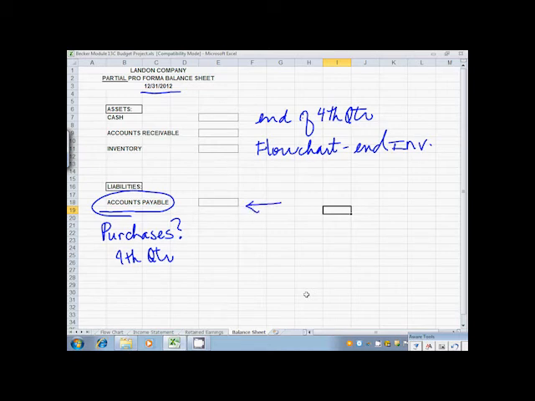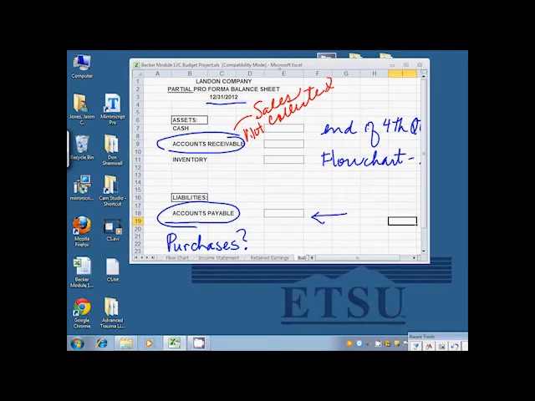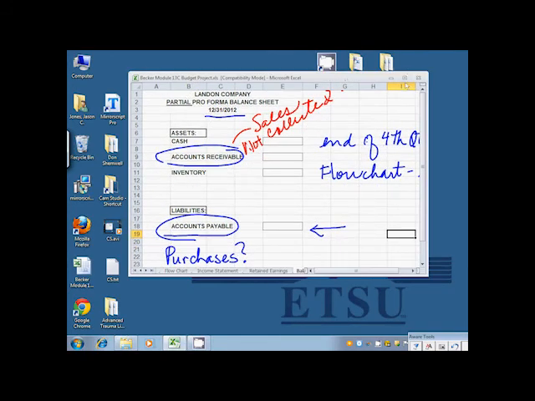Let's look at accounts receivable. It's similar, although just a little bit more complicated because we were collecting our sales over 2 periods. So on accounts receivable, this relates to your sales. What sales are still not collected? This is what it's asking you. How many sales are not yet collected?